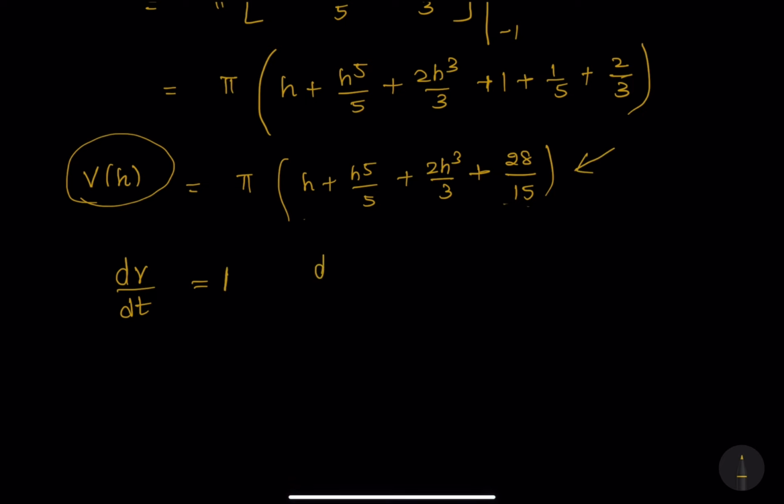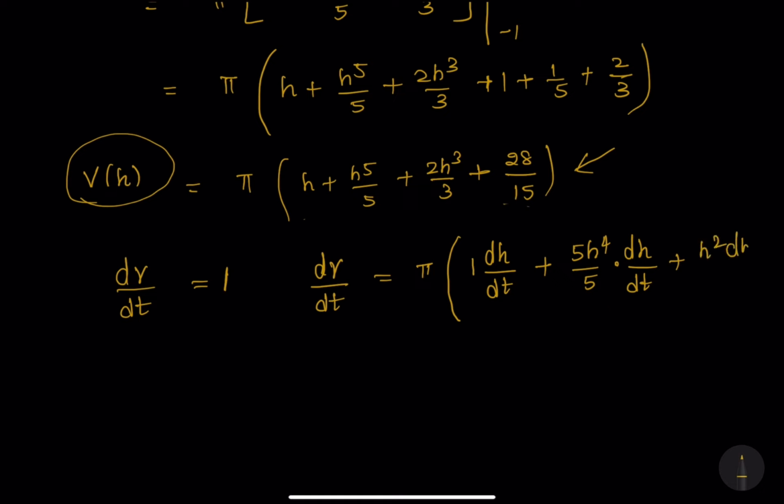Then you will get dV upon dt is equal to pi times, differentiation of h is 1, and you have to differentiate h with respect to t, so it is dh by dt, plus differentiation of h power 5 is 5h power 4 upon 5 multiplied by dh by dt, plus 2h square multiplied by dh by dt, and differentiation of the constant is simply 0.